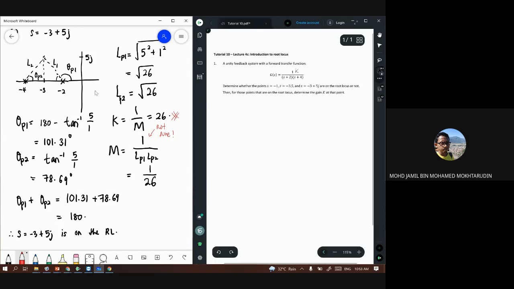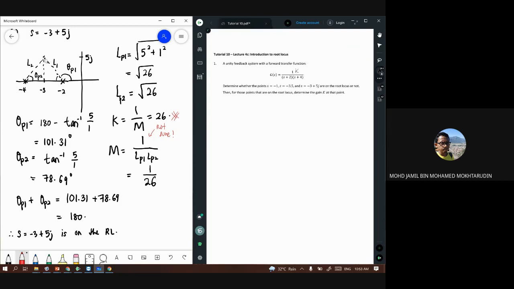When we design a controller based on root locus, sometimes we want the system to behave exactly at this point, minus 3 plus 5j, for example. So at this particular point, the system will behave similar to an underdamped second order system. So to behave as an underdamped system, we need to determine a point in the root locus.